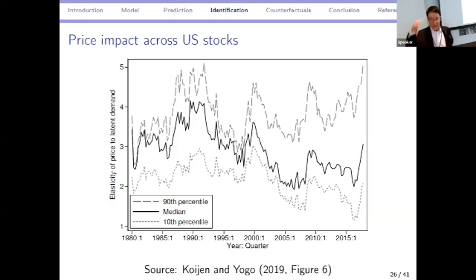We have estimates of elasticities in our JPE paper. So the inverse of the elasticity is the price impact, right? So the price impact measure is around 3, but it has a trend. So markets are becoming more elastic over time. And it has a cross section. So some stocks are more elastic than others.